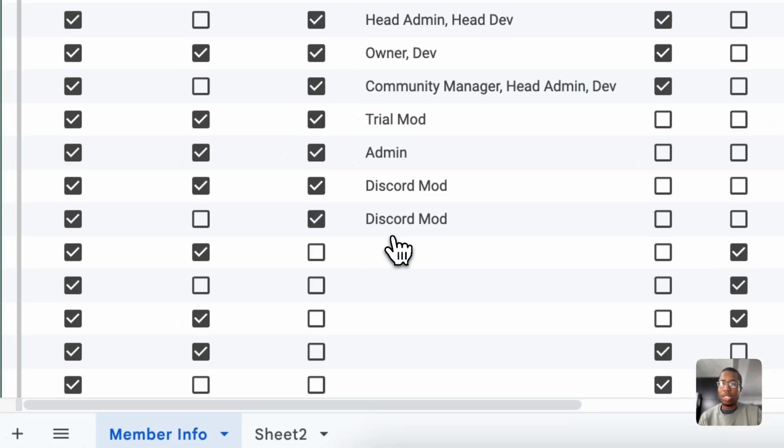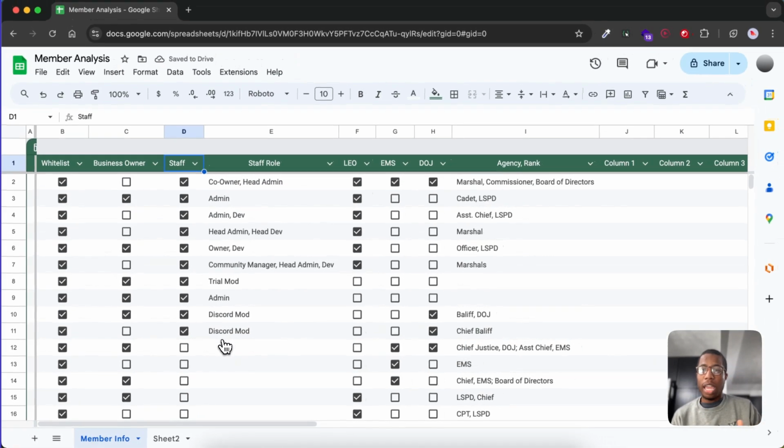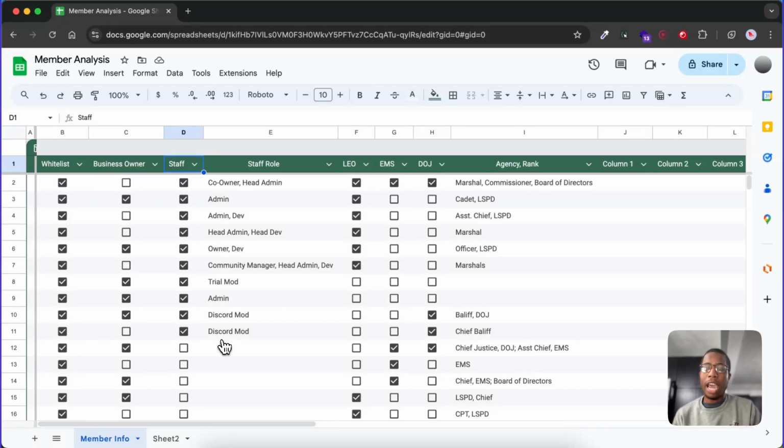which is good. It's good to have some active people, and they were active, so they probably got added onto the staff team. As you can see here, as admins, head admins, community manager, and so on and so forth. But when you have a member of the community that is involved in many, many different things, their ability to perform well at any one of those several things starts to diminish because of rigid constraints of time and energy.